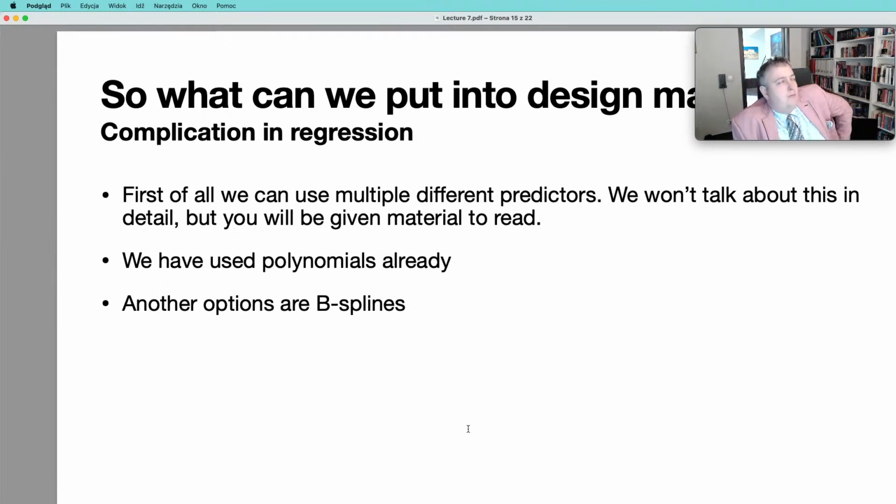You can use many functions of linear predictors and put them into your linear model. You can use all kinds of functions. You just evaluate the values for your data set, the set of independent variables, and put them into the design matrix. We have used polynomials as an option.